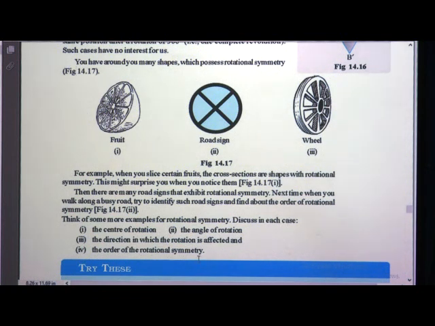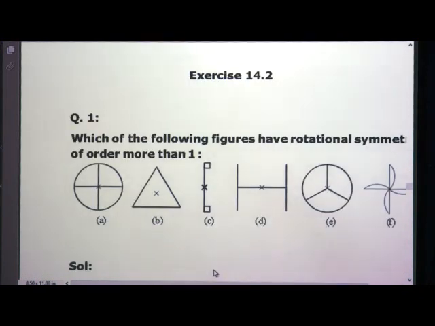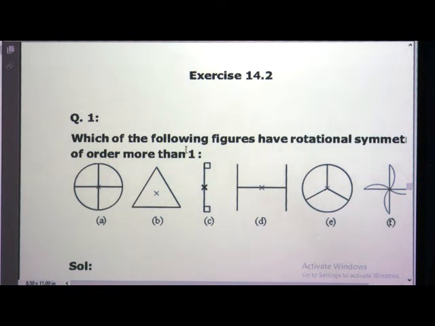How many orders of rotational symmetry can we find? We will see some example sums with our exercise so it will be easier to understand. Here too we have to find rotational symmetry of order more than 1.